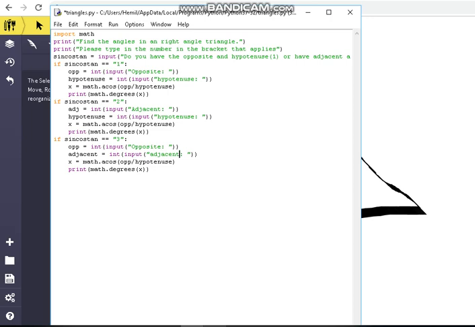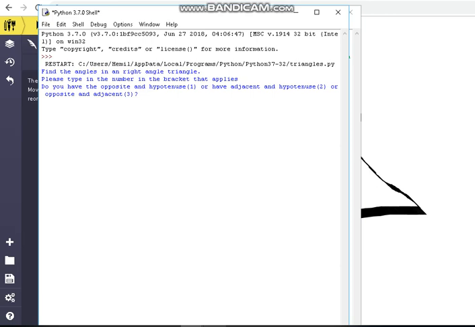Now, instead of opposite over hypotenuse, you have to do opposite over adjacent, and then over here we change this to adjacent over hypotenuse. I should have just written hypotenuse as HYP. I just made it longer for myself, but that's really it, honestly. Yeah, so that's adjacent and hypotenuse. Let's say it was 2 and hypotenuse 4.